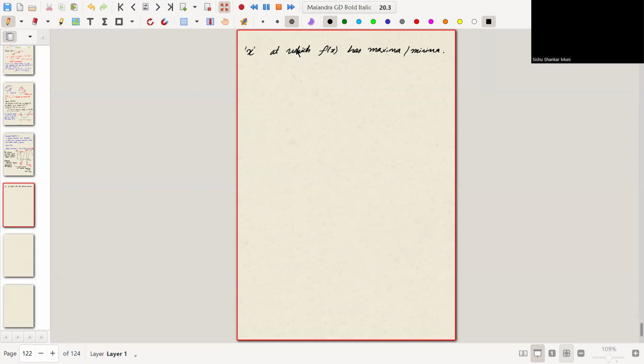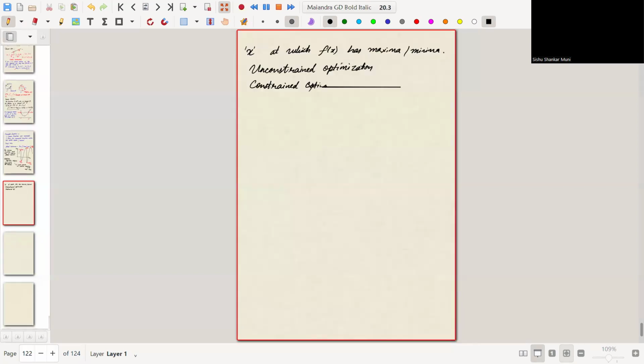In constrained optimization, it will say minimize a function f(x, y) given that x plus y is less than or equal to 0.5.